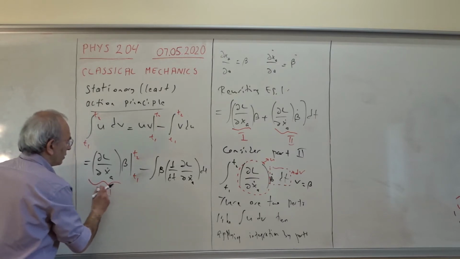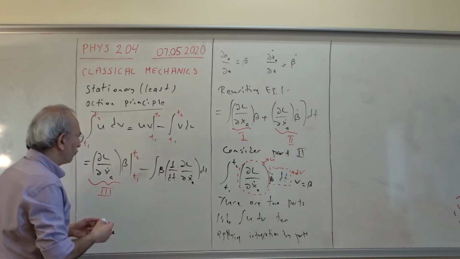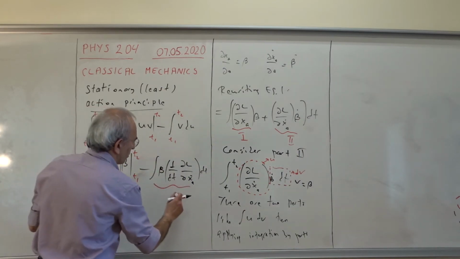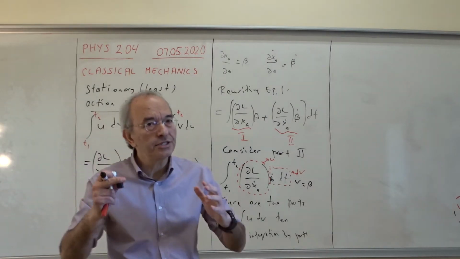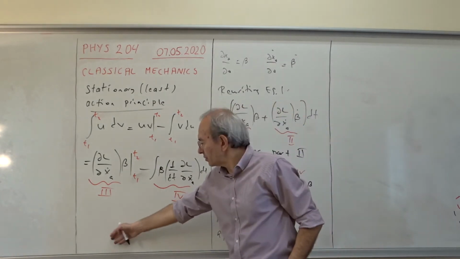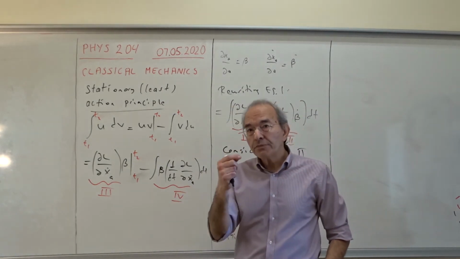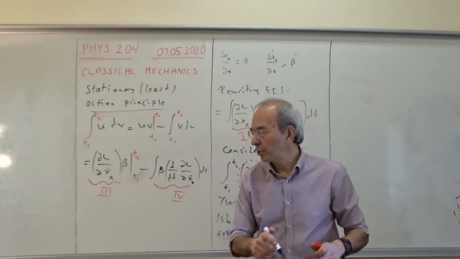What about the first? Let me call this part the third part. If they are 1, 2, these are 3 and 4. What about the third part? The third part is simply 0 and 0, because we have assumed that the function beta gives us a 0 both at the initial and at the final points.